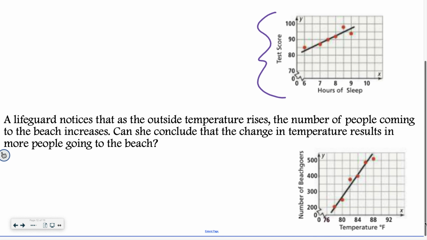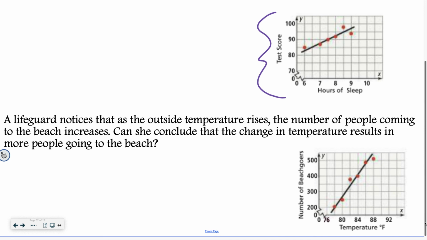Okay, so let's think about that one. At least in Minnesota, this is probably pretty true, right? As the temperature rises, more and more people go to the beach. But what if we're somewhere else? What if we are, let's say, down in Florida? We're by the ocean. Other things could impact that, right? Not only the weather.